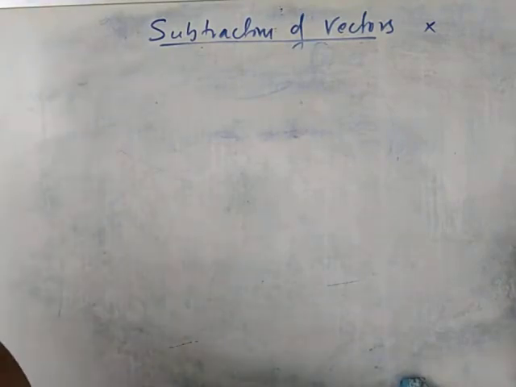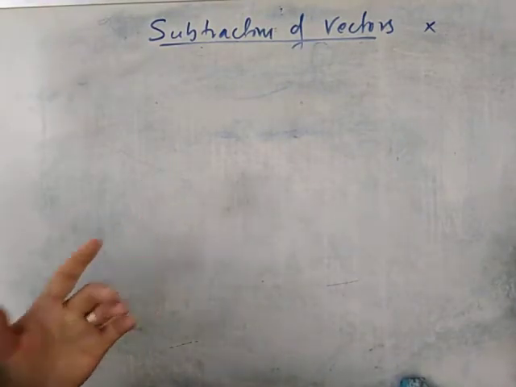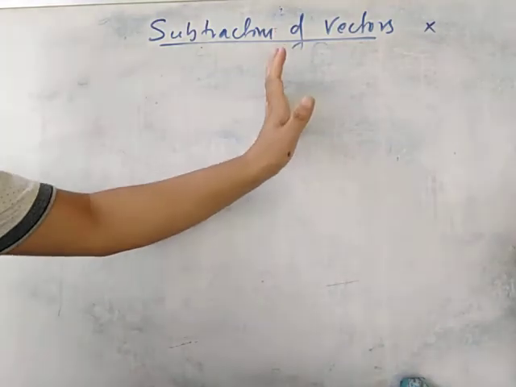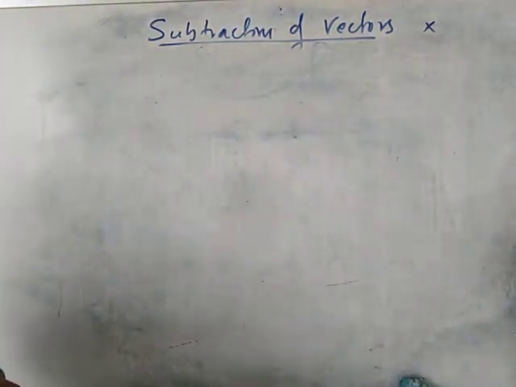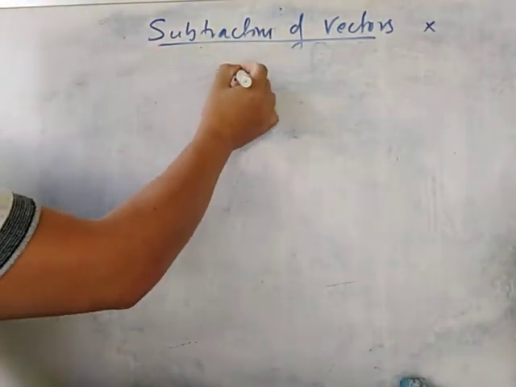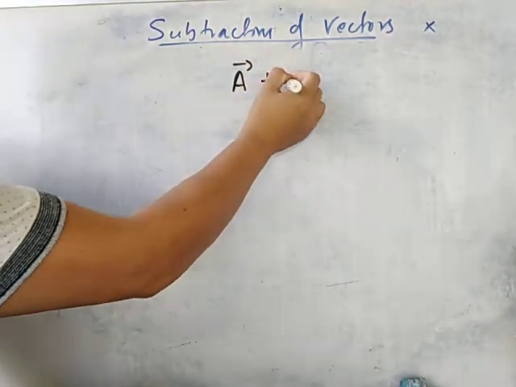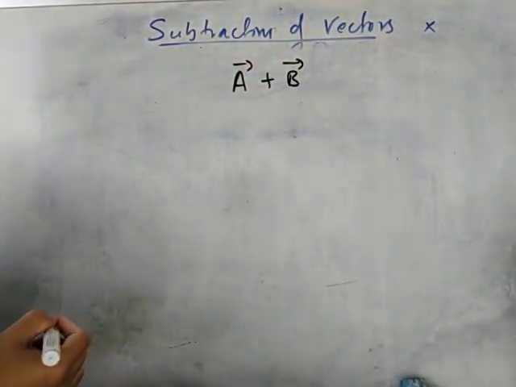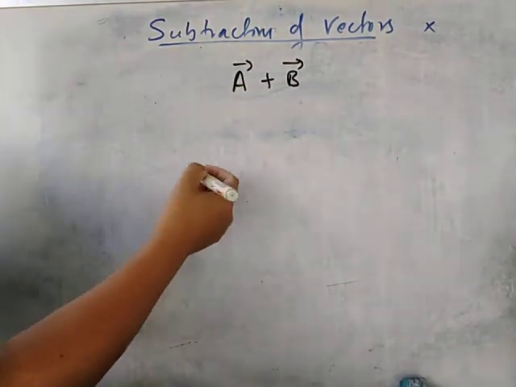What we do is addition only, but subtraction comes out of it. Addition is vector a plus vector b.